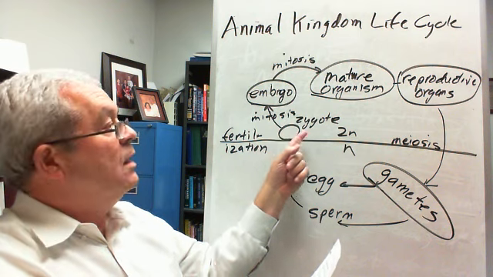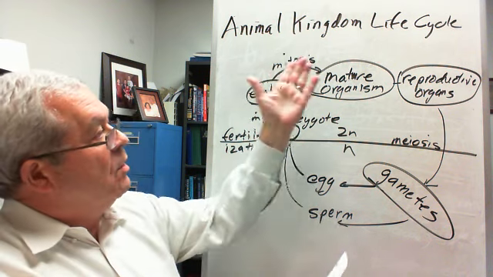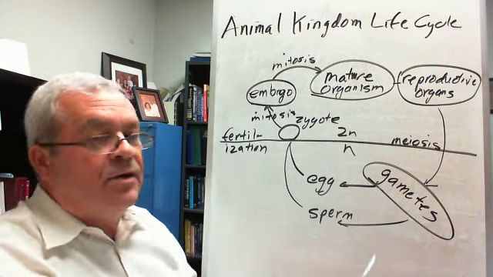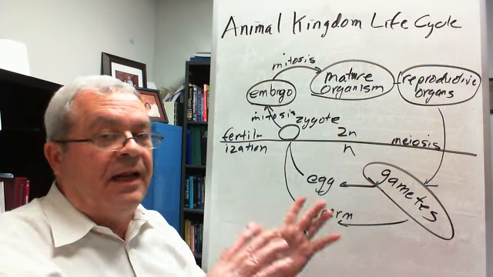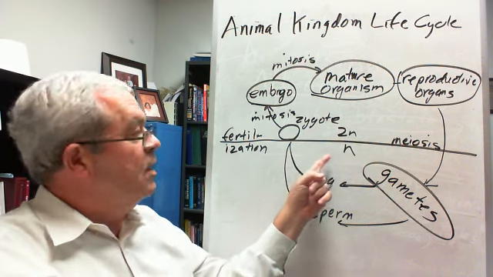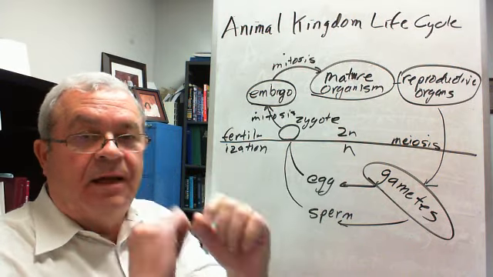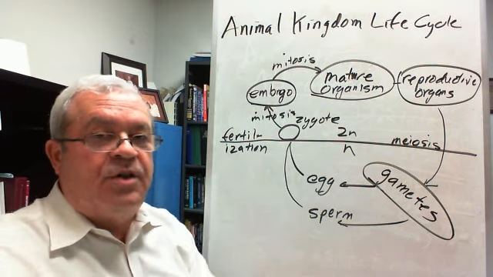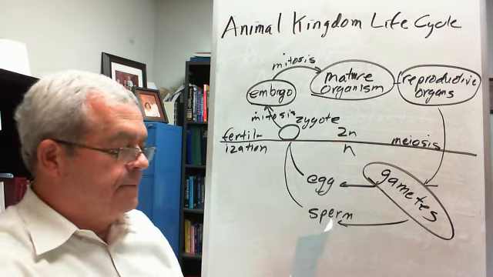In general, 2N. A zygote is the first 2N cell as we go around this life cycle. Why is that? Because every egg and sperm cell in any kingdom is always N. And so N plus N produces a zygote, which is 2N. Egg meets sperm. N plus N equals 2N.